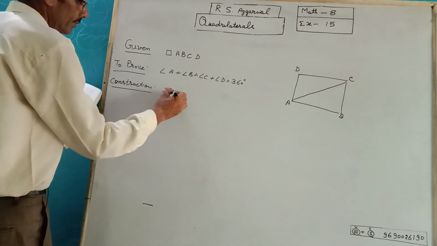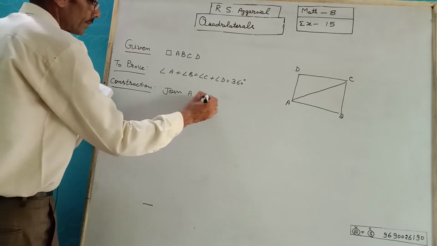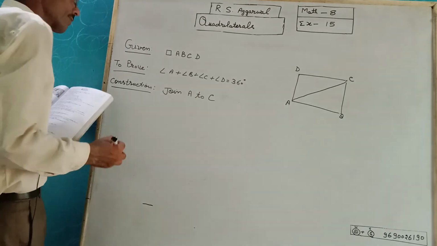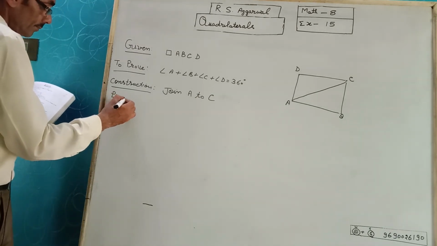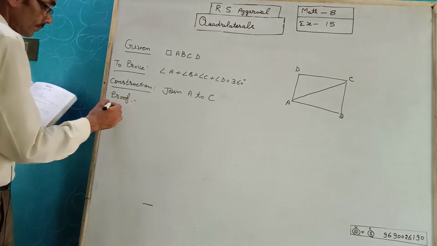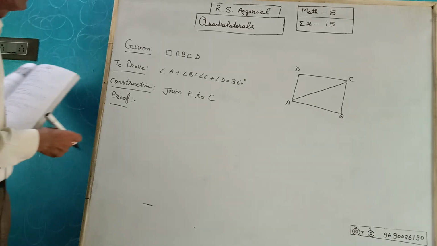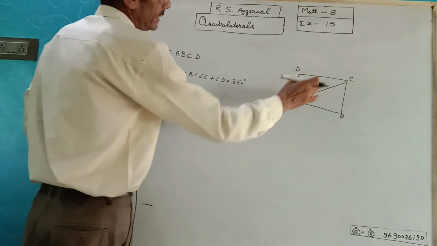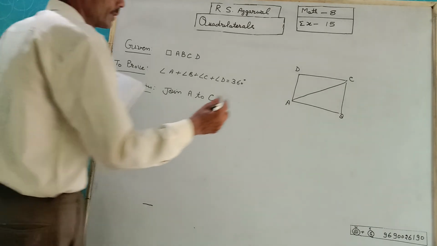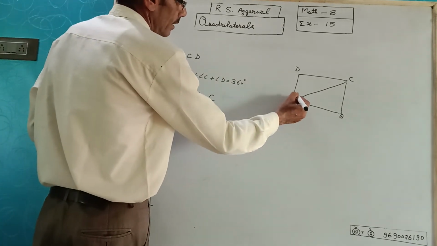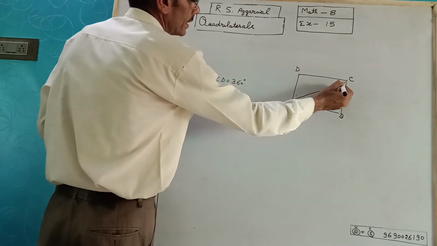Join A to C. Proof: after joining AC, it makes two triangles. Write the angles 1, 2, 3 and 4.